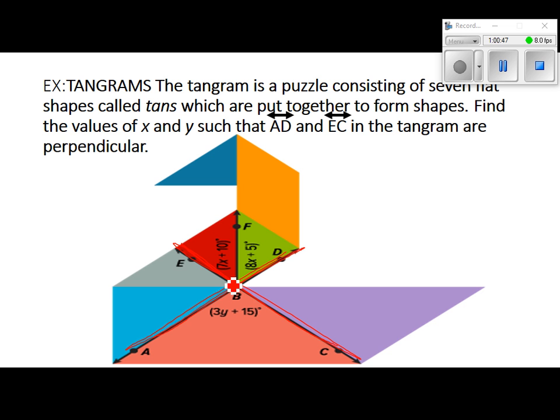What can I do here? What equation can I set up? Look at your paper. Is it a 7x?